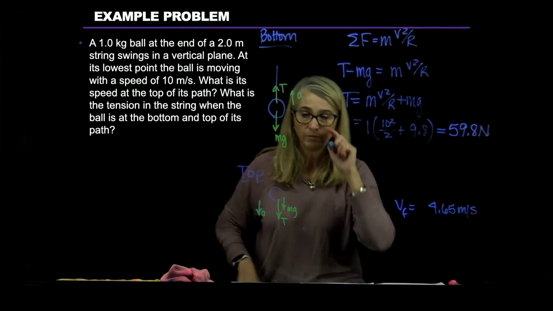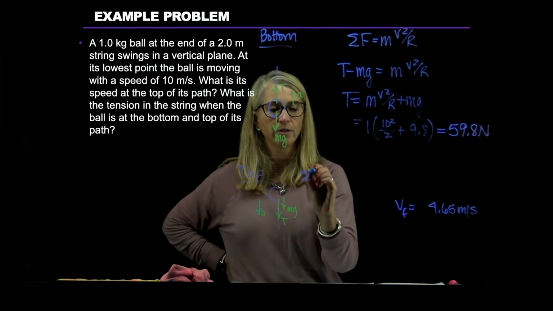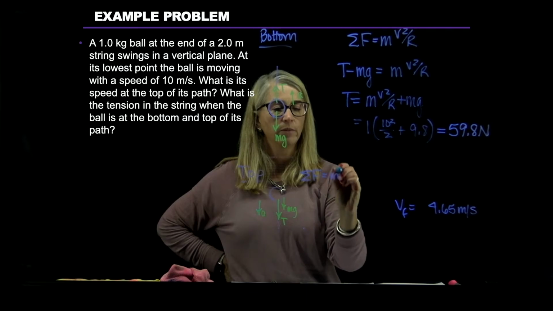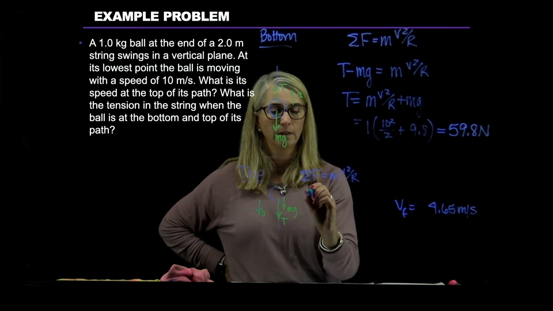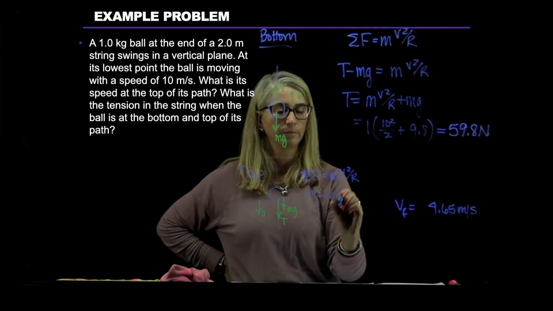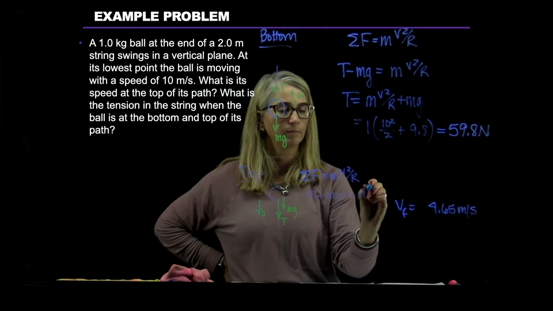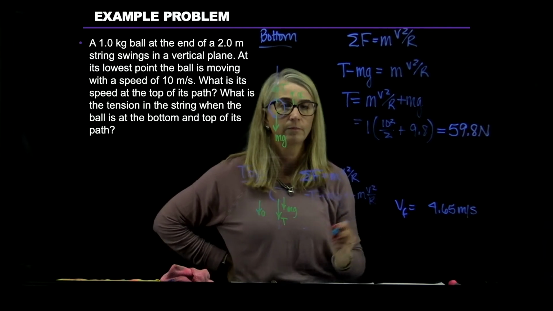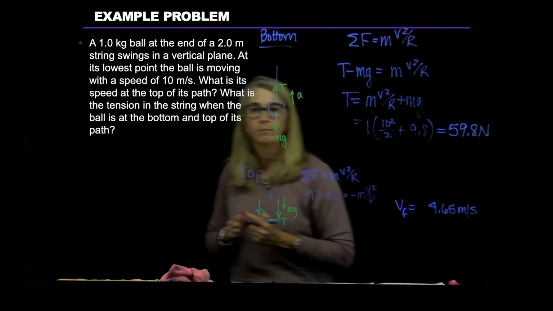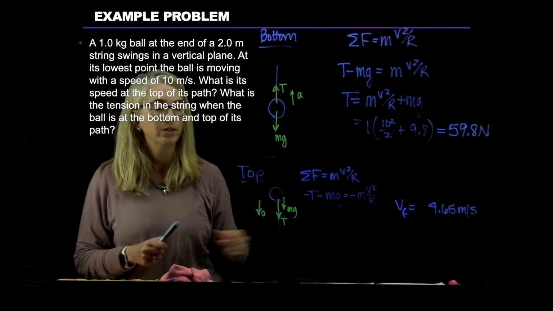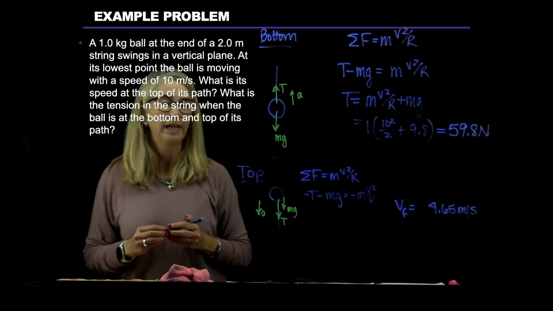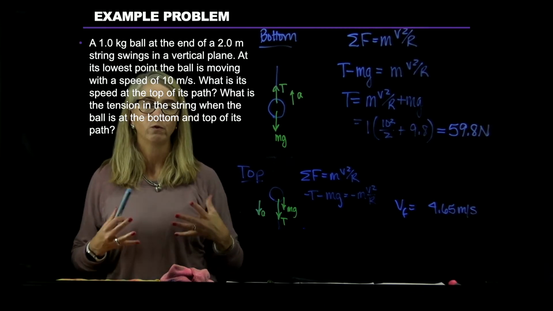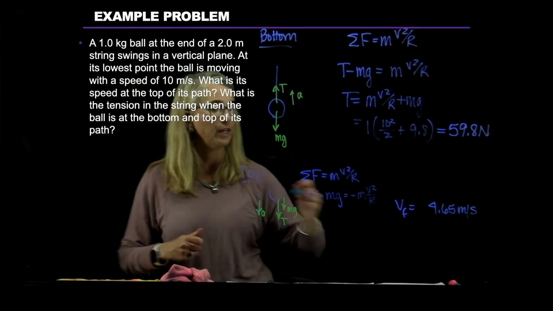So here, when I look at forces equals mv squared over r, things are going to look a little different. I'm using all these negative signs just to emphasize the fact that I'm paying attention to what direction forces and acceleration are in.